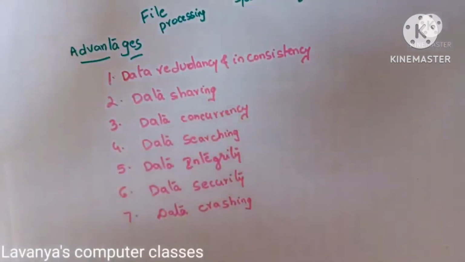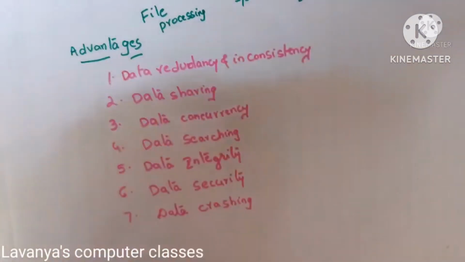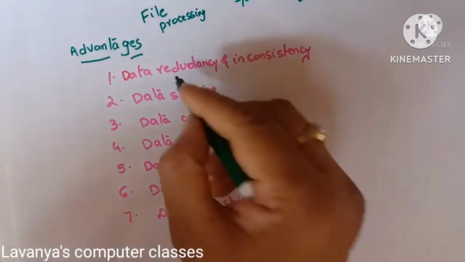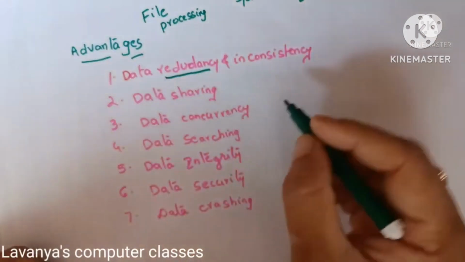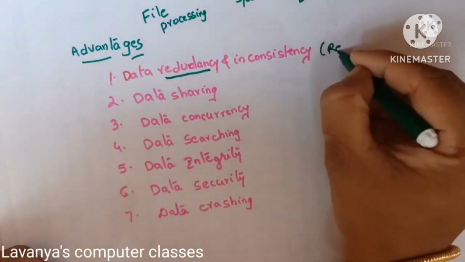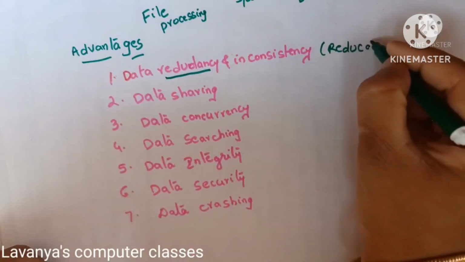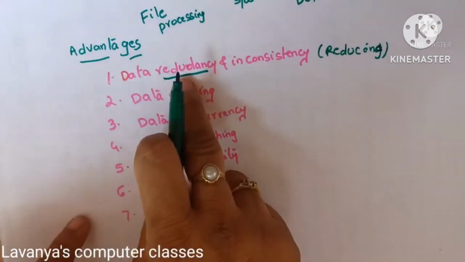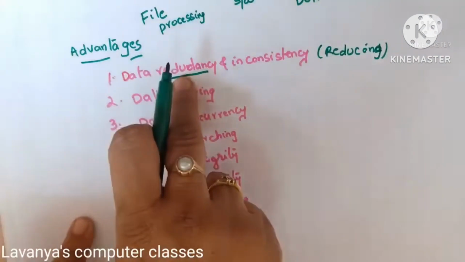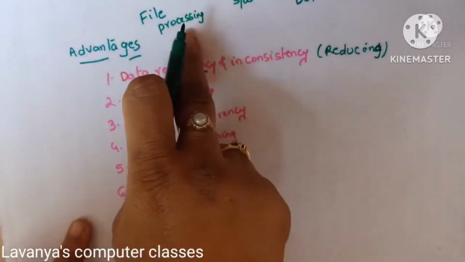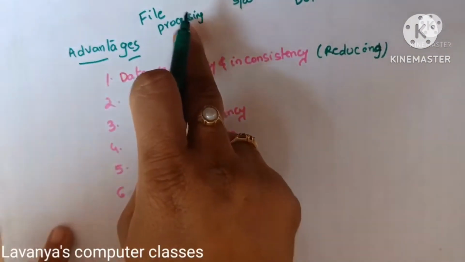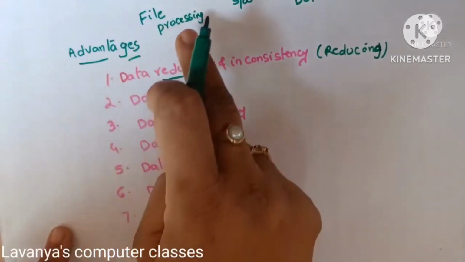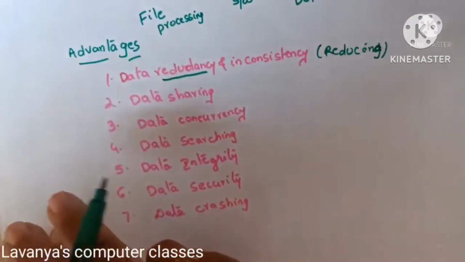So what is the first one? Data redundancy and inconsistency. What is the meaning of data redundancy? It means repeating the data. In DBMS it reduces data redundancy, but in file processing systems data is repeated a number of times, because in the file system each one maintains its own files and each file contains only one table at a time.